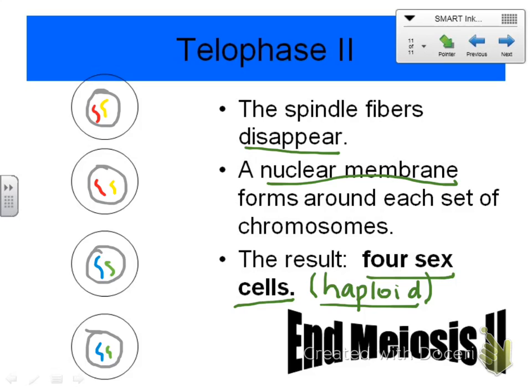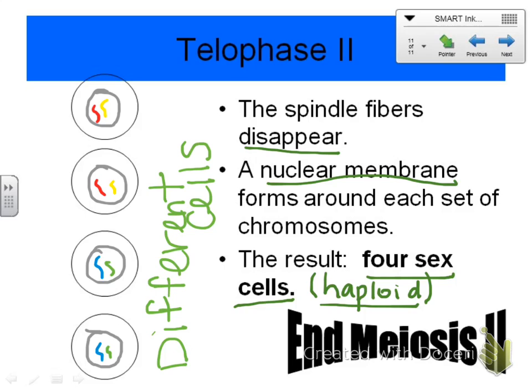Color-wise, are my cells all identical? No. Now remember in mitosis I had 2 identical cells. This time I've got different cells. And you might just want to make a note along the side or somewhere in that box. Different cells. Okay, they are different now.